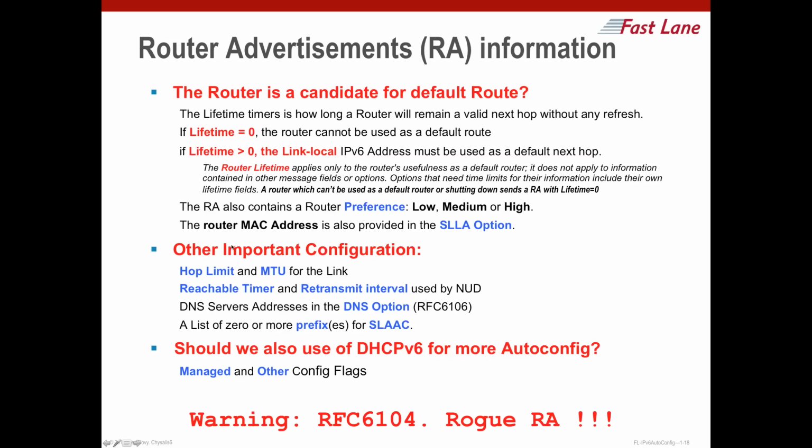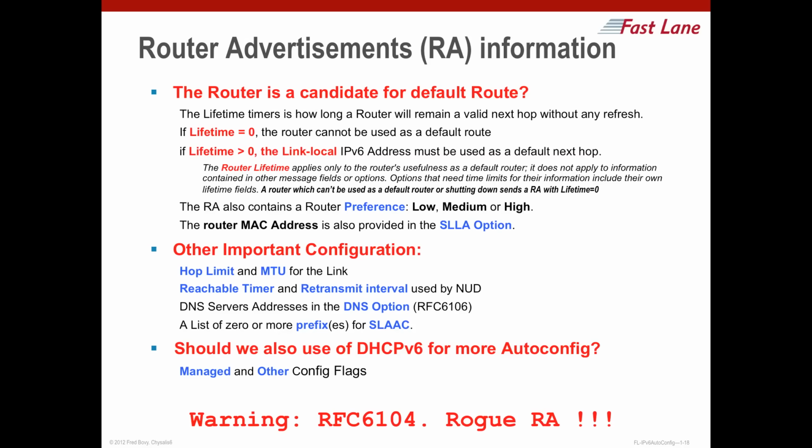If the lifetime is 0, it means that the router cannot be used as a default route. The lifetime only applies to the router's default route capability. It is not used for anything else than this. The router may also have preferences, low, medium, or high, and it also includes the MAC address, so you don't have to ask for the router MAC address when you want to use it.